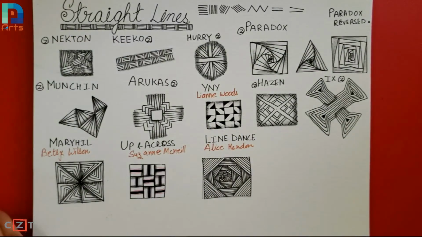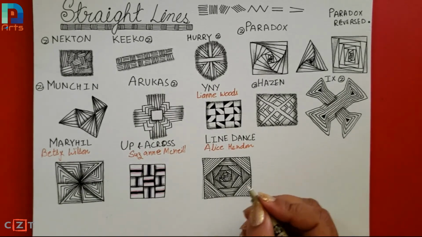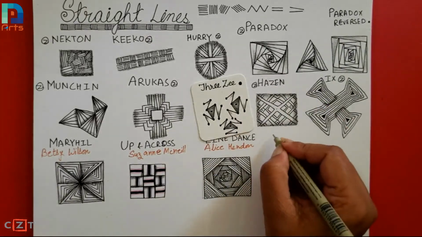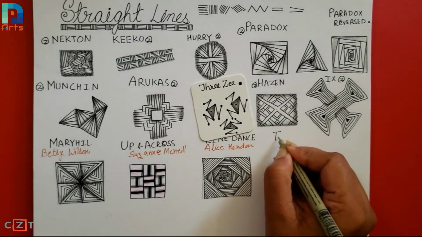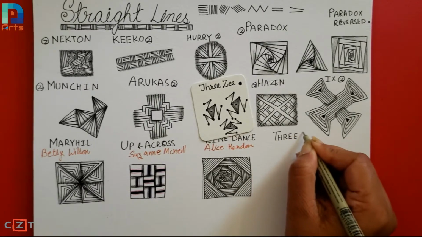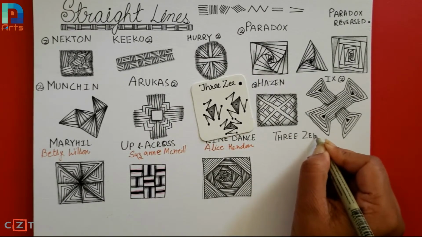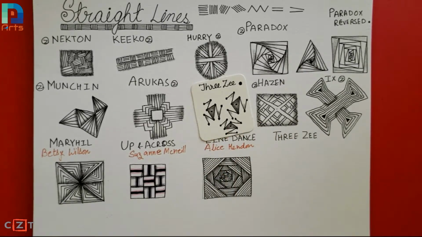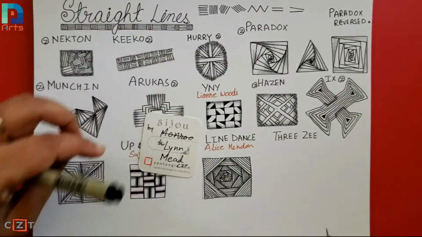Okay, now let's move forward for more straight tangles. This is the 3Z. It's a beautiful filler tangle also, as you can see, just to give texture or to fill the area.